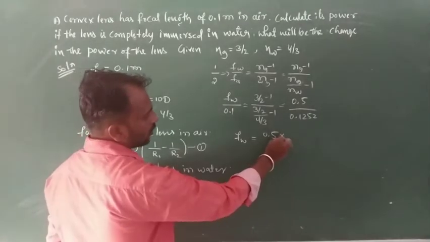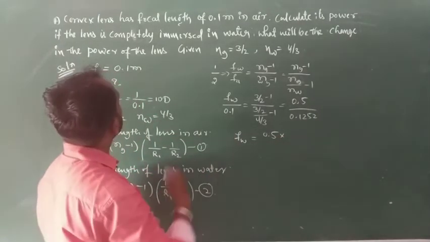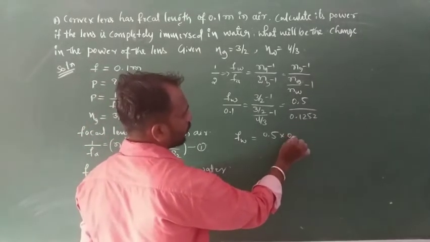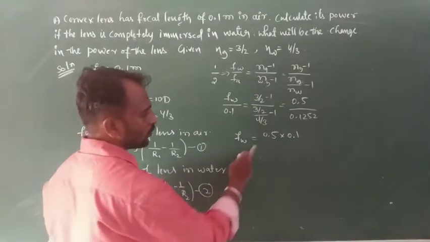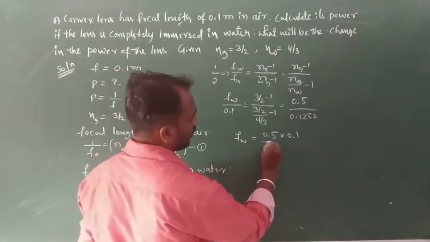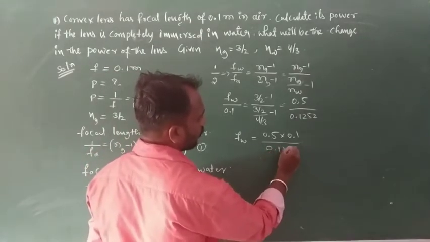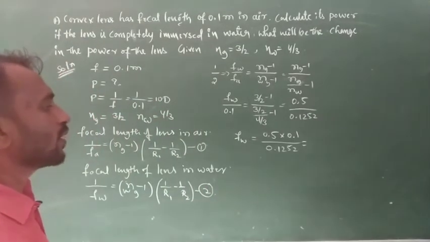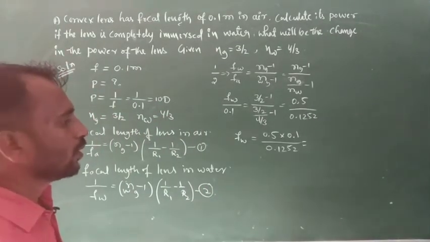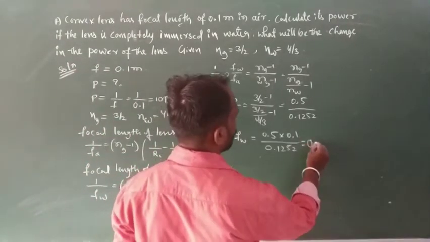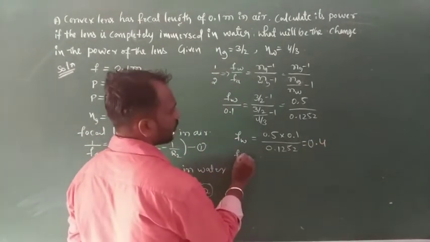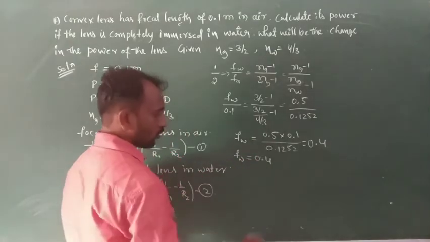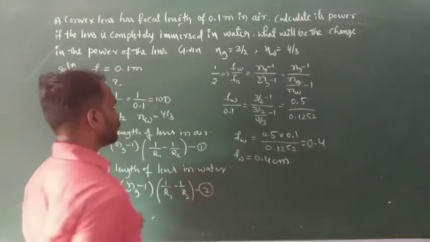So the refractive focal length of the lens in water is 0.5 into 0.1 divided by 0.1252, which gives 0.4. So the focal length of the lens in water is 0.4 centimeter.